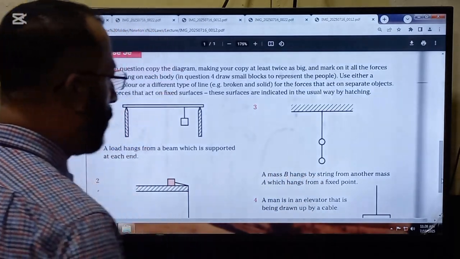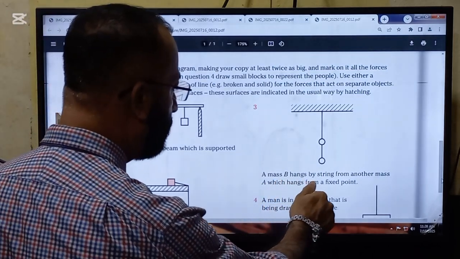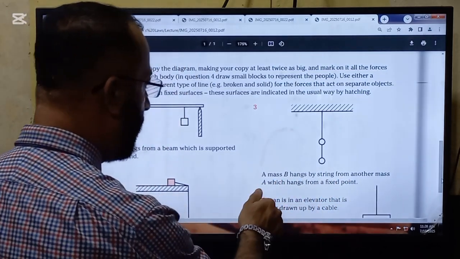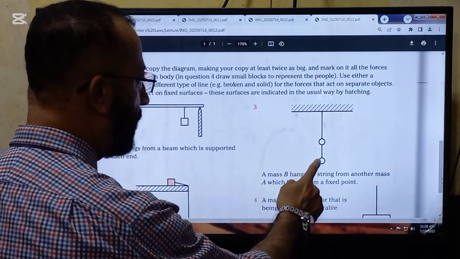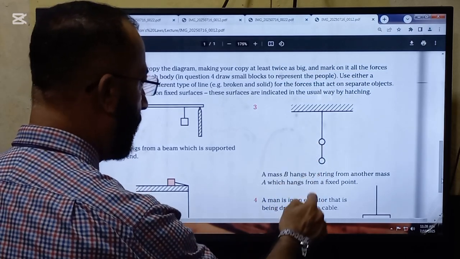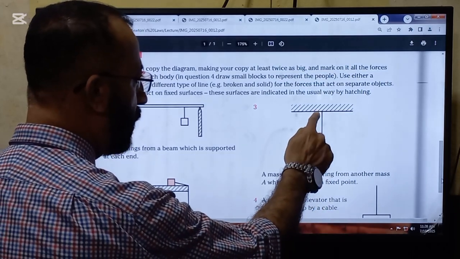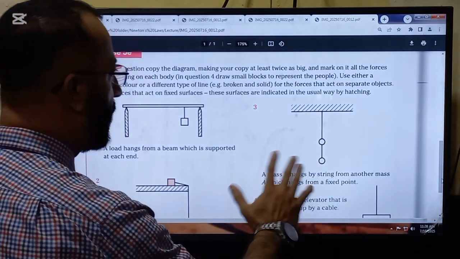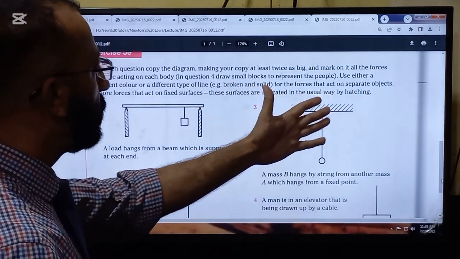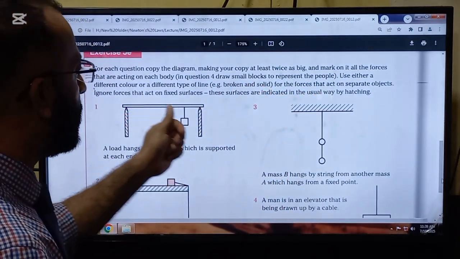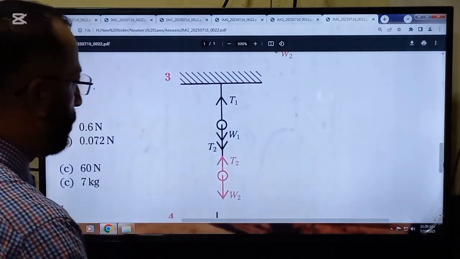Here is another question. A mass B hangs by a string from another mass A, which hangs from a fixed point. So this is the figure again, and the requirement is to mark on it all the forces that are acting on each body. So here are all the forces.